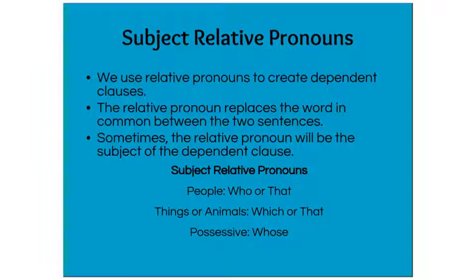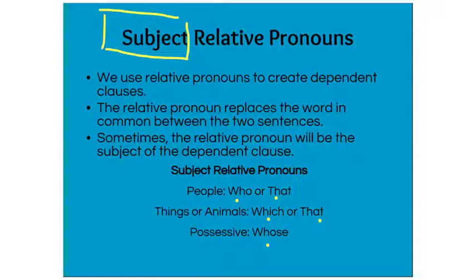Now, these relative pronouns are words like who, that, which, that, and whose. And there are some that we use when we're talking about subject position in the adjective clause. And these relative pronouns are those dependent words at the beginning of the adjective clause.